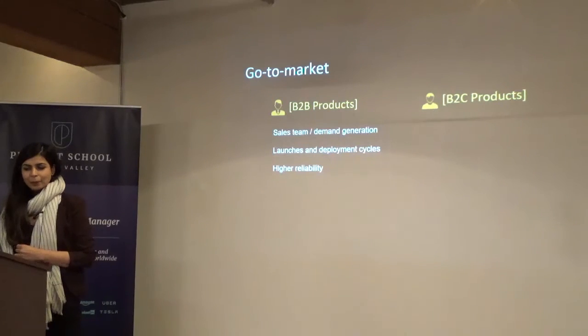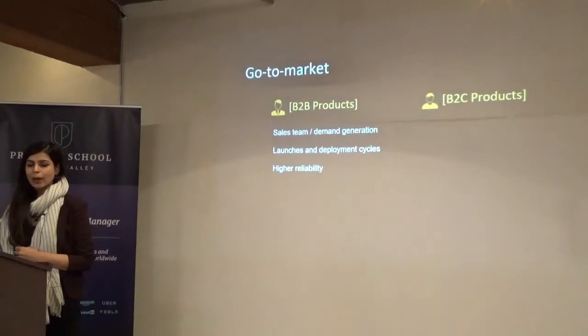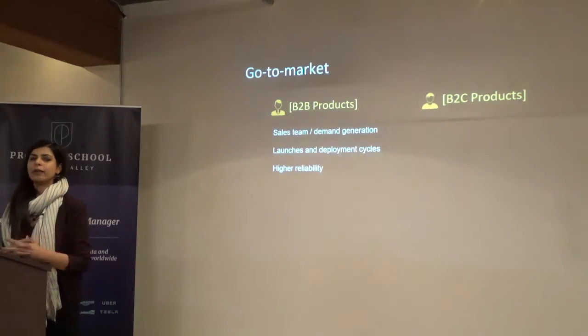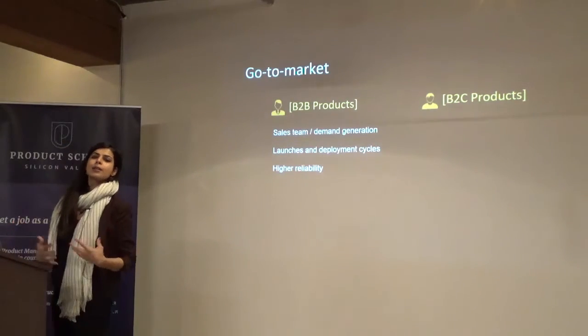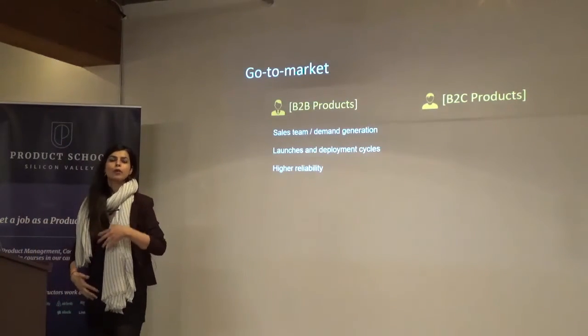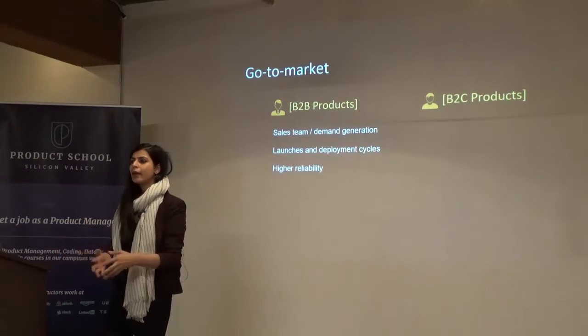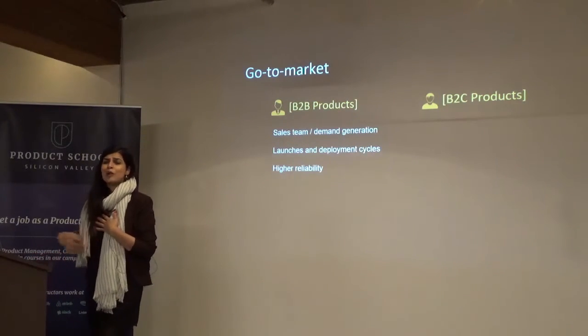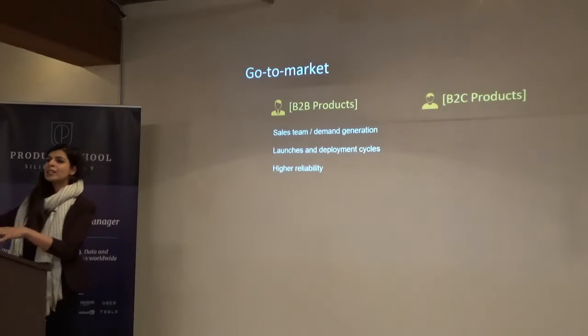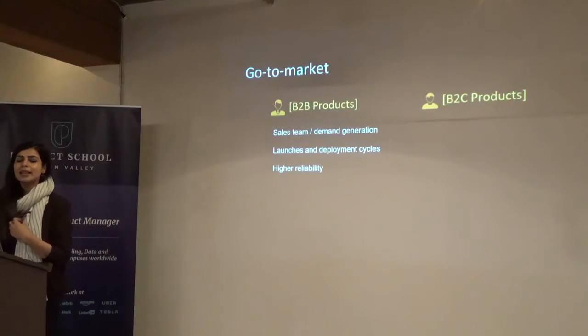Go to market. That's another one, which is very different, right? In B2B products, you have long sales cycles. You have a lot of relationship building. You have a whole sales team that's dedicated to help you, which is super awesome because as a product manager, you have a salesperson who is talking to customers, bringing you feedback, selling.